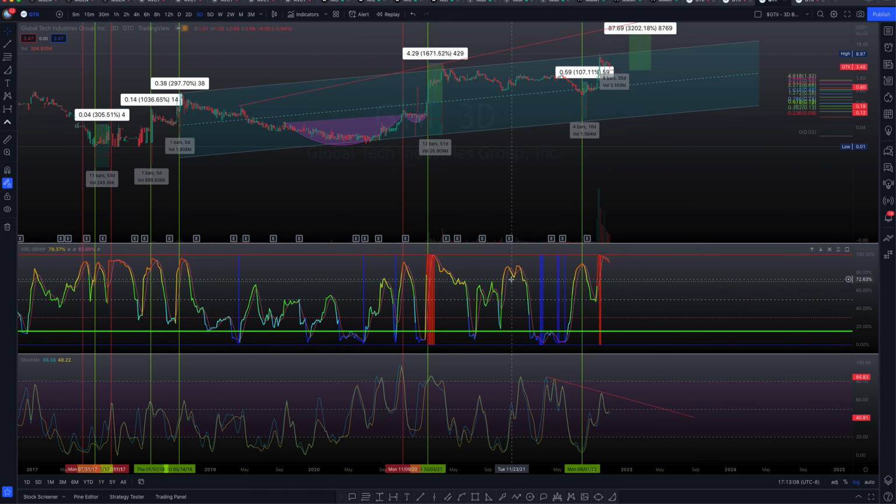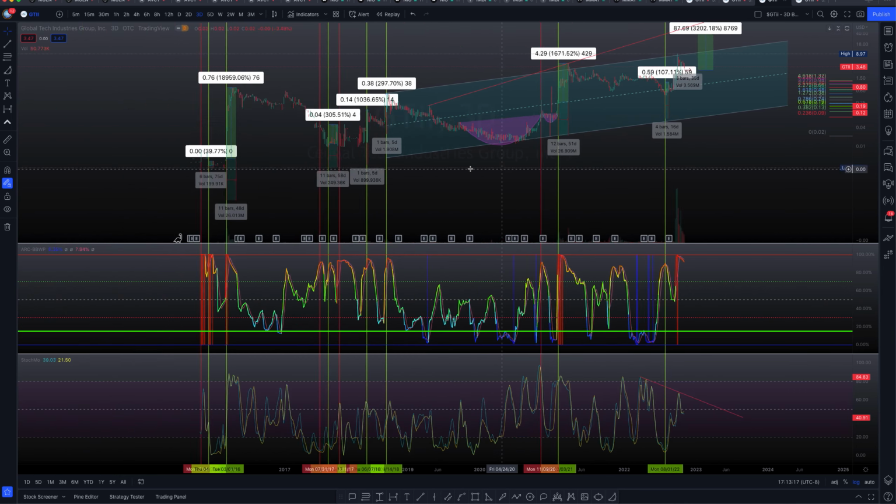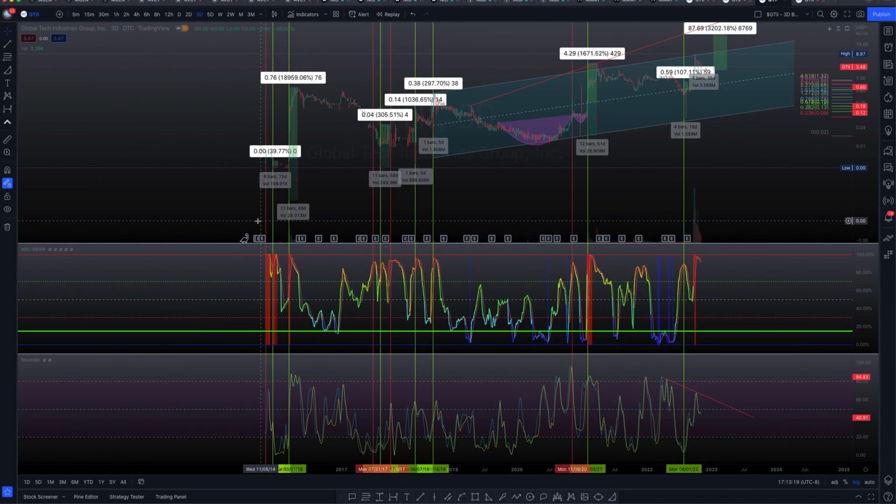So what I have done is I have taken note of every iteration during the entire history of trading for GTii, which was about June 2014.